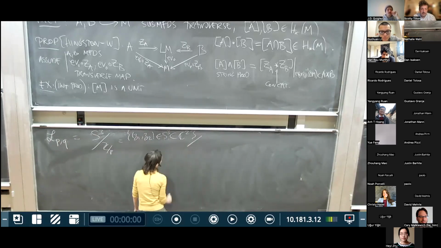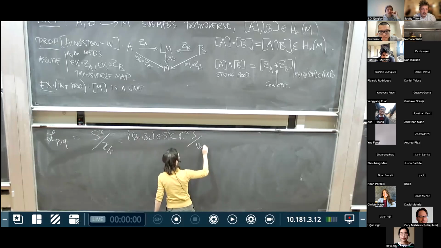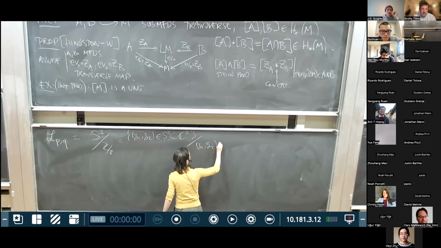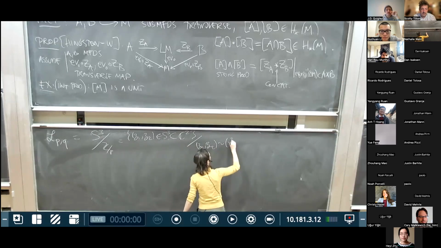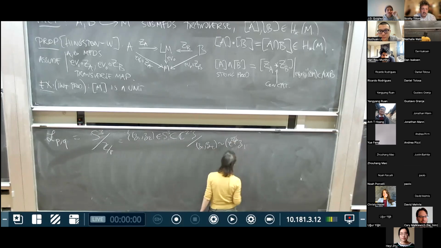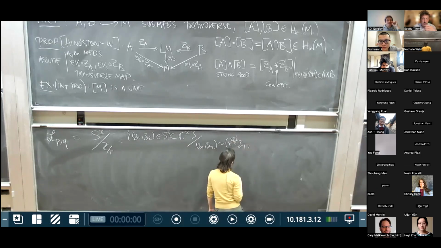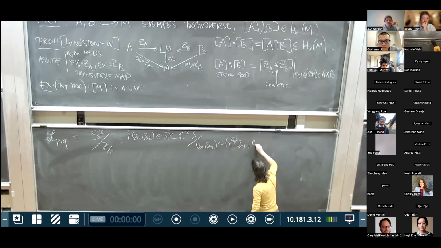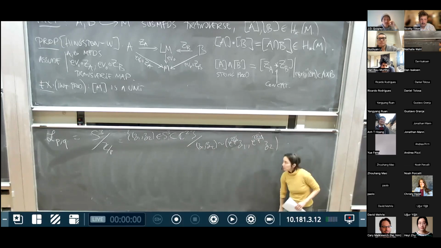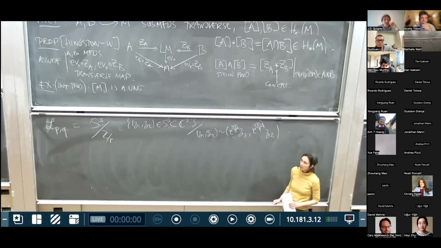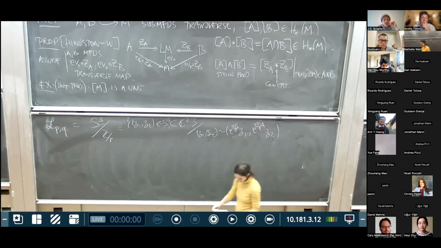And then you mod out by the action that says (Z1, Z2) is equivalent to (e^(2πi/P) Z1, e^(2πiQ/P) Z2). So rotation by 1 over P for the first coordinate, and then you rotate by Q over P in Z2. Yes. So that's the lens space.